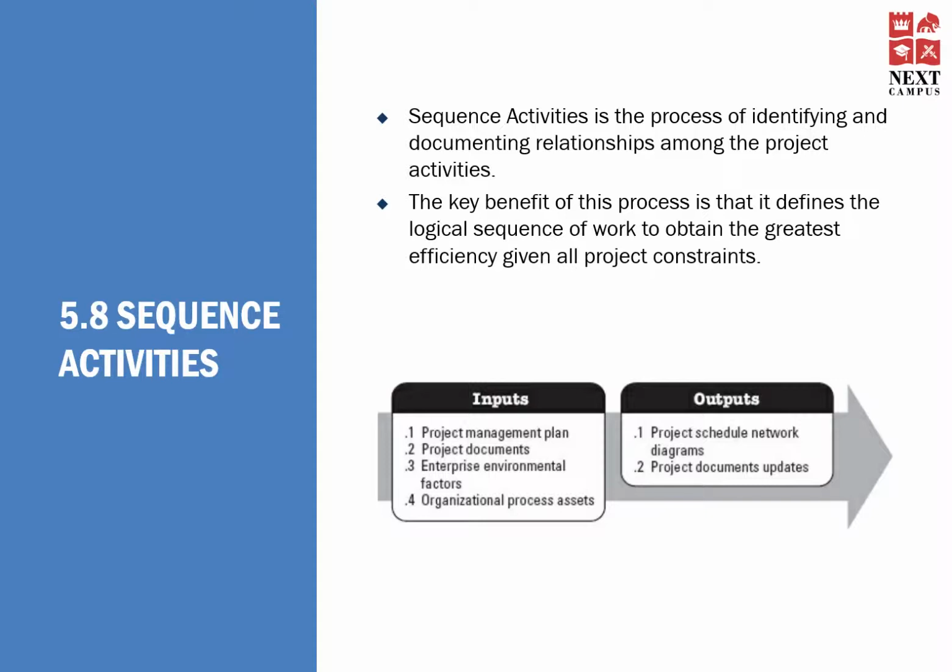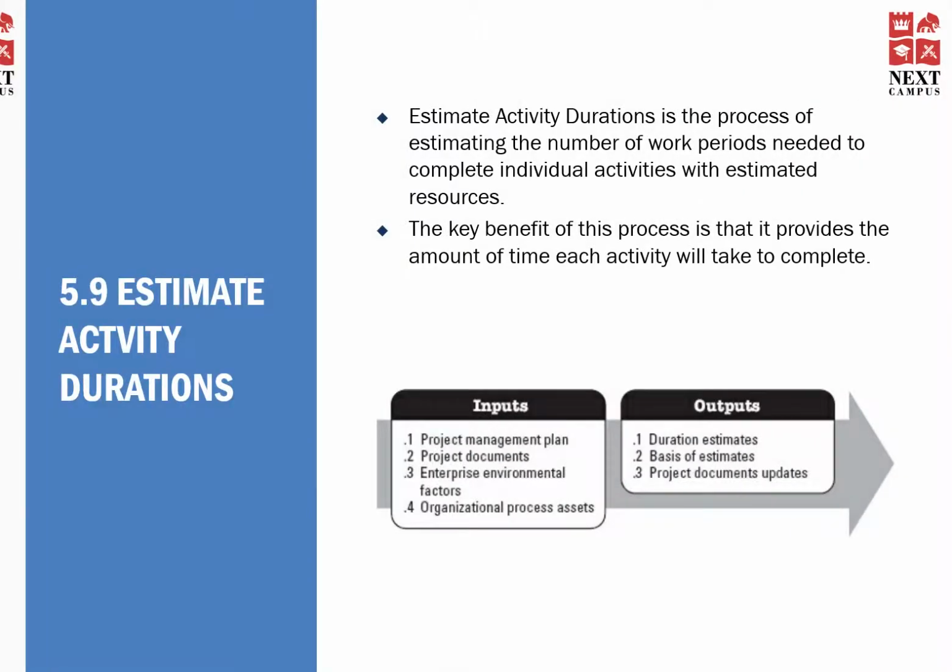After listing down the activities, you need to arrange the activities in the right sequence. Sequence activities is a process of identifying and documenting relationships among the project activities. The key benefit of this process is that it defines the logical sequence of work to obtain the greatest efficiency.